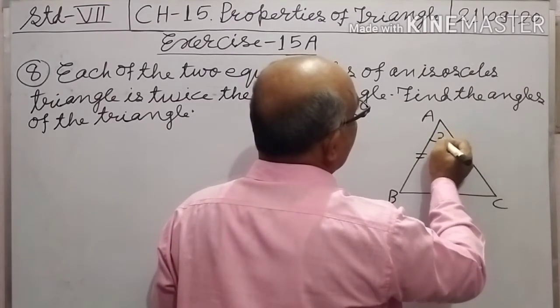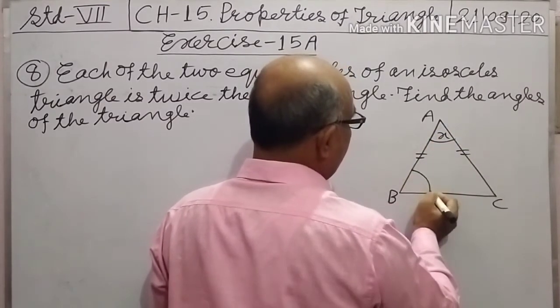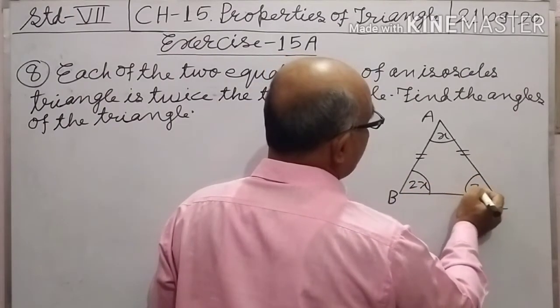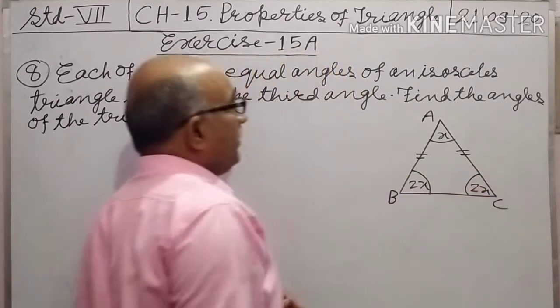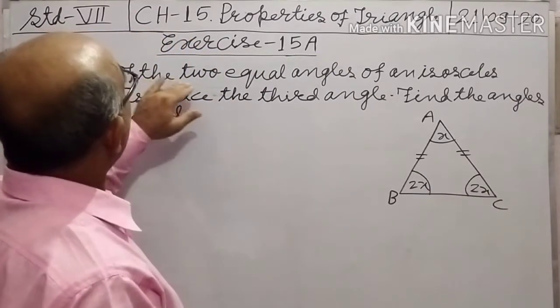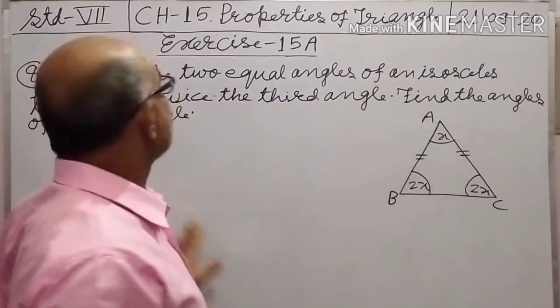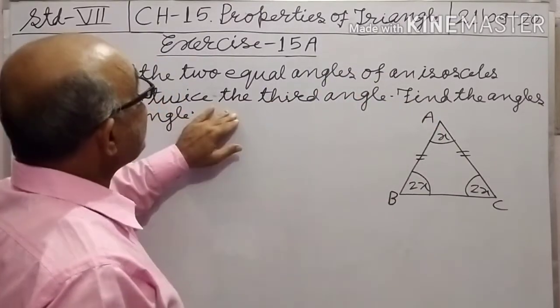Let angle A equal to X, then angle B equal to 2X and angle C equal to 2X, because each of the two equal angles of an isosceles triangle is twice the third angle.